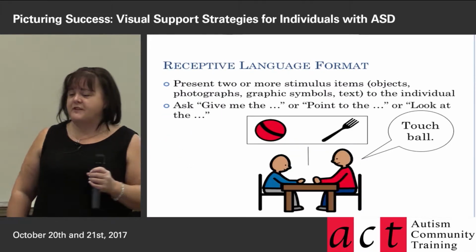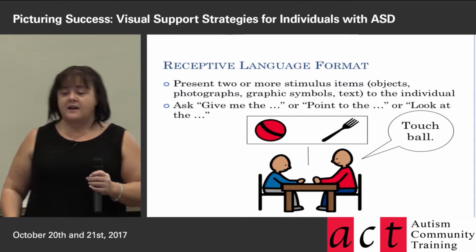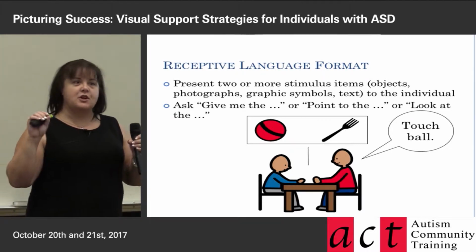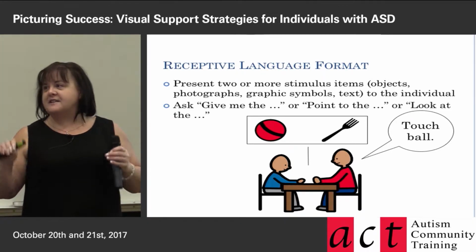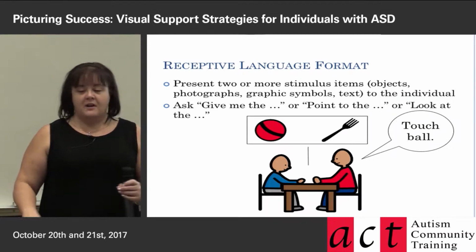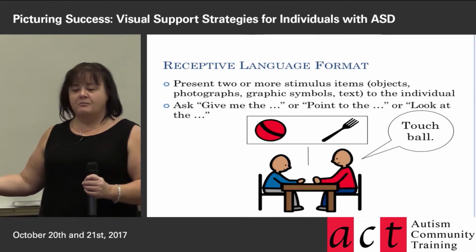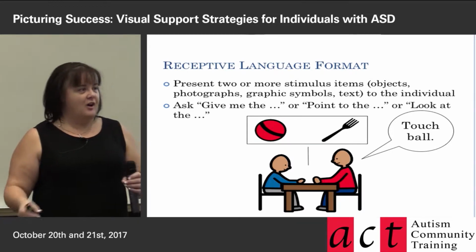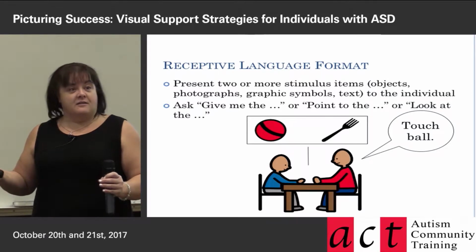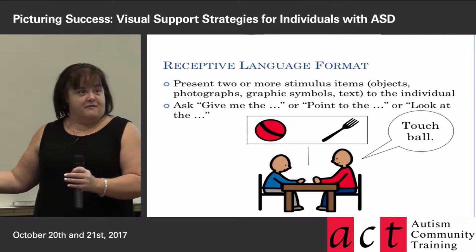So here's what the receptive language format would look like. You put 2 or more items down on the table, 2 objects, 2 photos, 2 graphic symbols, 2 written words, so that the person can see them, and you say, give me the ball, or touch the ball, or point to the ball. You're looking to see if they can point to, get, or give the right item.